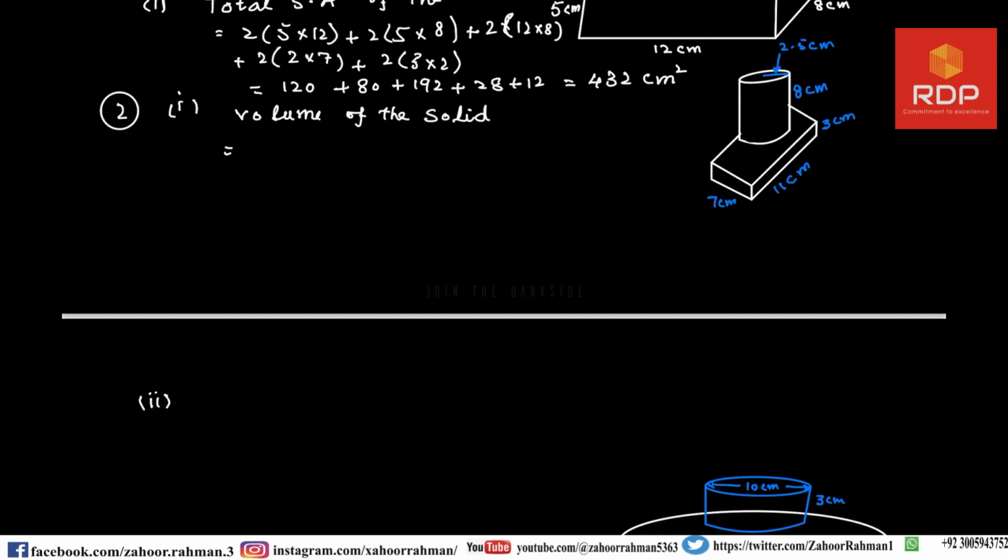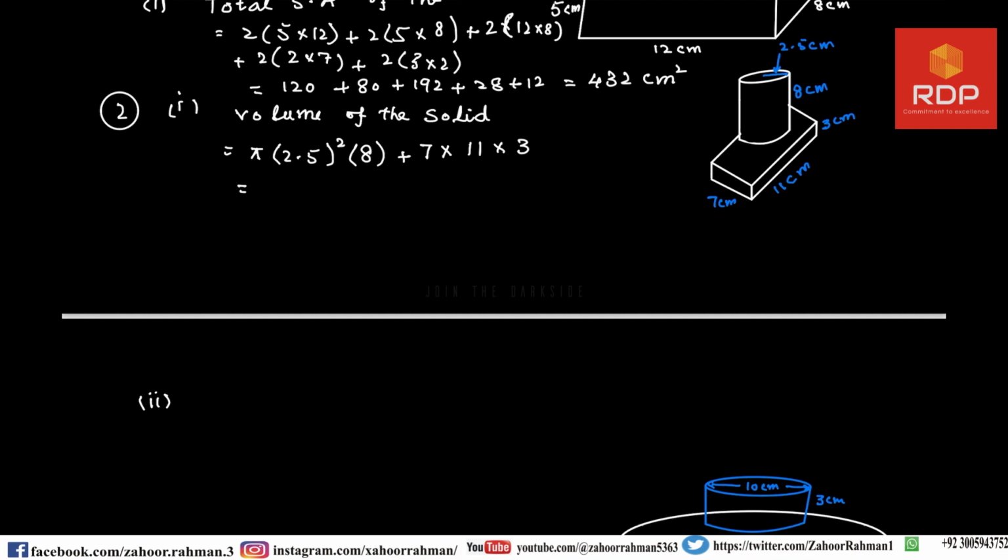We are getting first pi times 2.5 whole square, because you can see that the radius is given, and pi r square h is the volume of the cylinder. The second one is a simple cuboid, length multiplied by breadth multiplied by height.